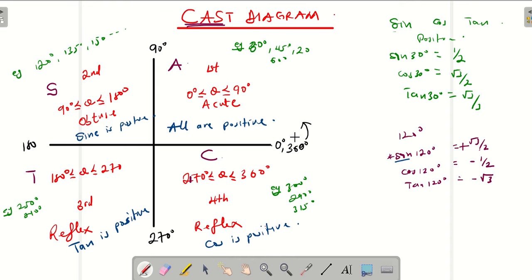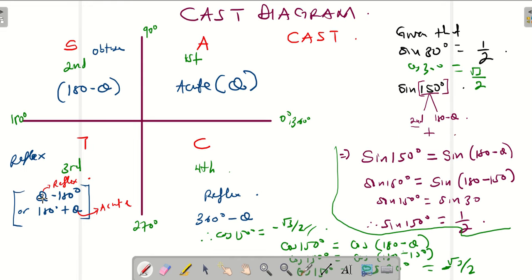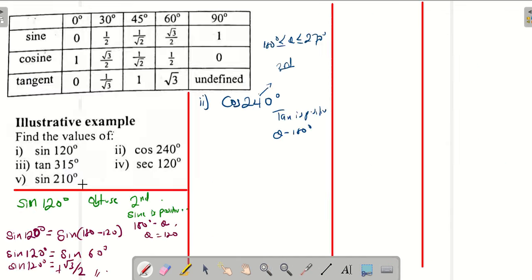I stated here that in the third quadrant, there are two formulas, 180 plus theta and theta minus 180. If theta is a reflex angle, then you use theta minus 180. So let us take note of that.